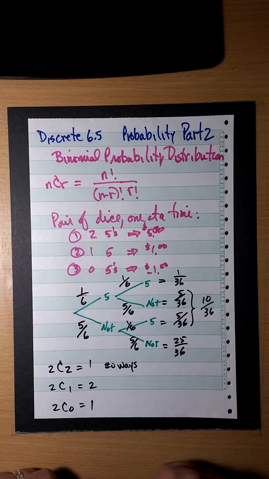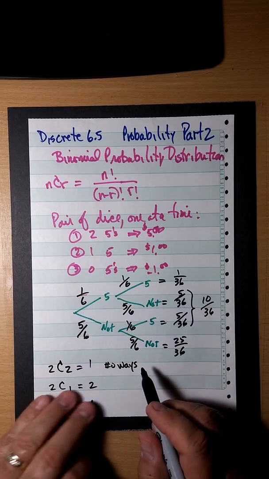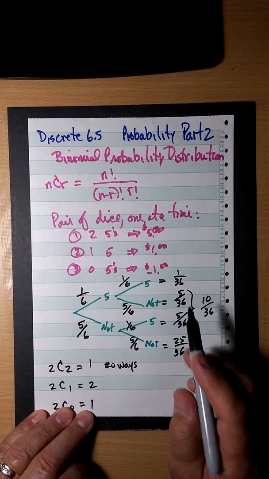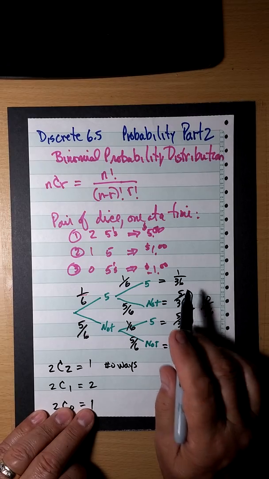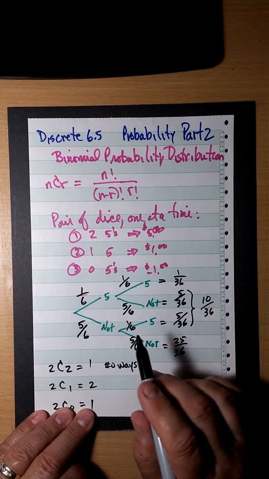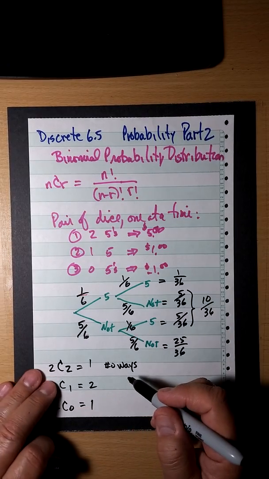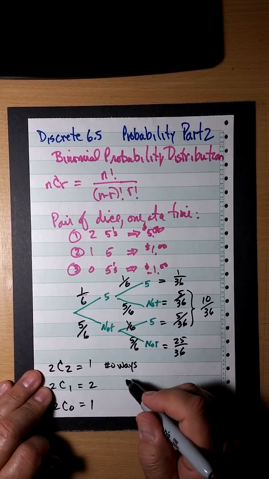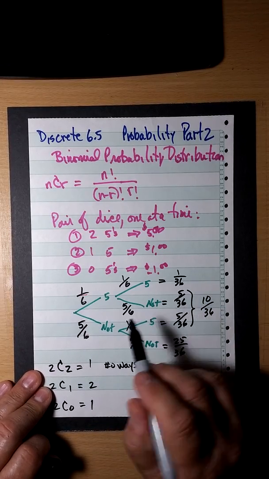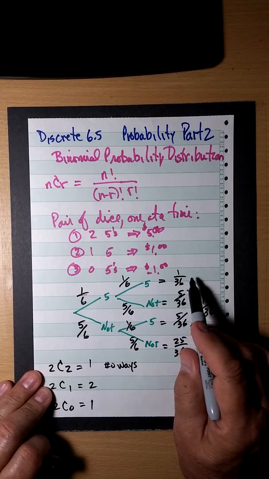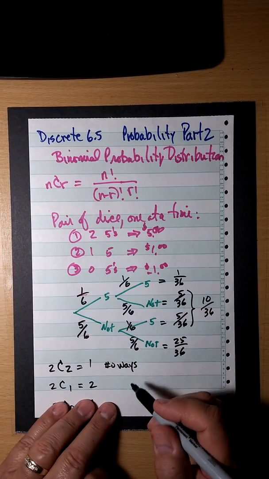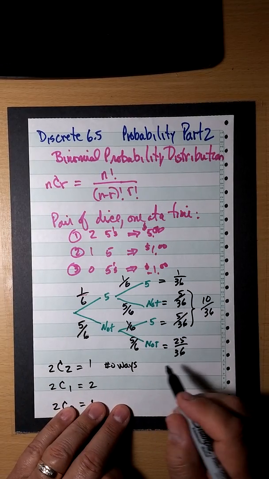So in that way, if you want to think of it this way, this is the number of ways, and you'd need the probability for that. You just need the 1 times 1/6 times 1/6, and you can sort of set these up.